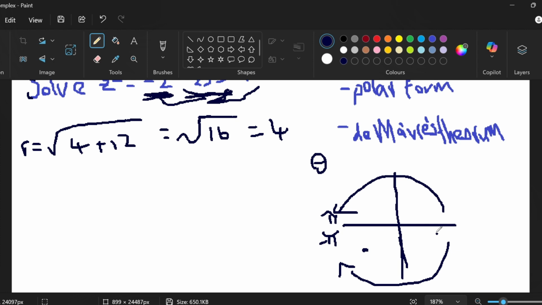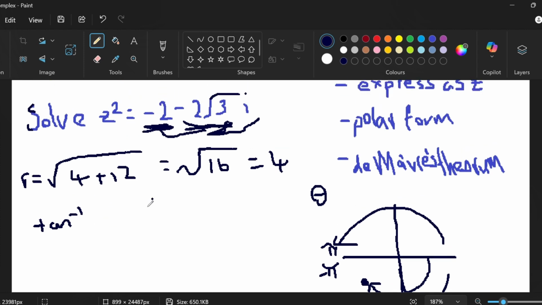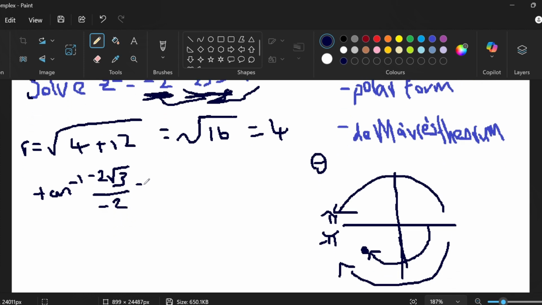So the angle that I want is going to be from the positive x-axis to this point here in the third quadrant. And I'm going to have to check that arctan gives me the right angle. So if I just type into my calculator arctan of y over x, which is arctan of minus 2 the square root of 3 over minus 2 in this case, I get the angle pi over 3.